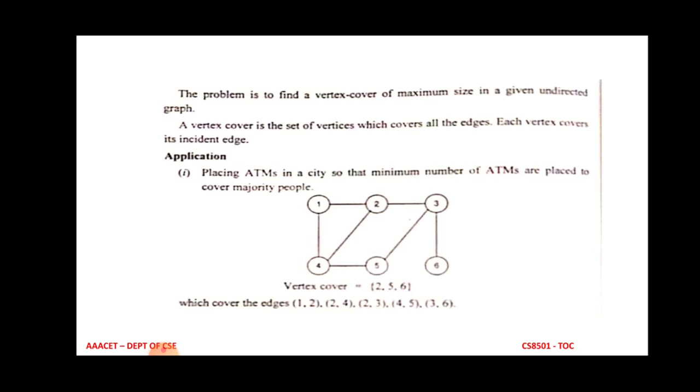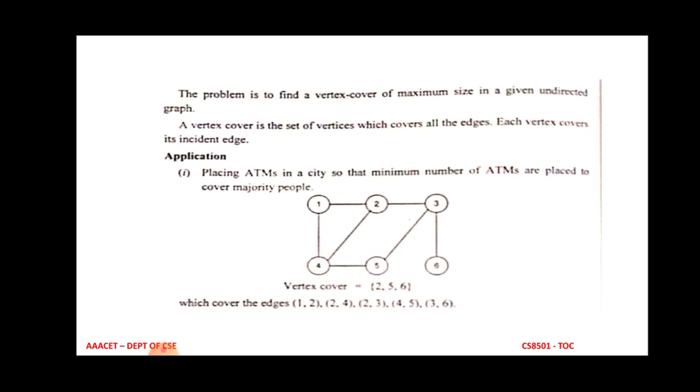So the single vertex 2 covers at most 3 edges in the given graph. Other than this, the given graph has the vertices 5 and 6 only. For 5, the pair is 4 comma 5, because 5 is connected with 4.